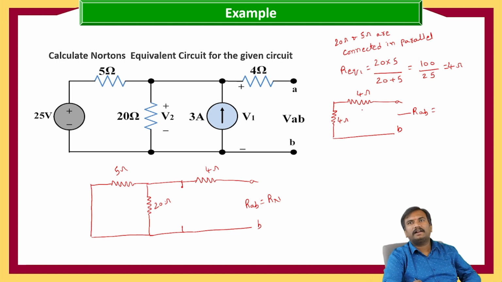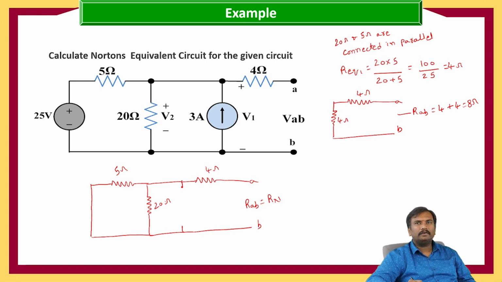When resistors are connected in series, the equivalent resistance is R1 plus R2, that is 4 plus 4, which is equal to 8 ohms. Now we got the R_AB value.